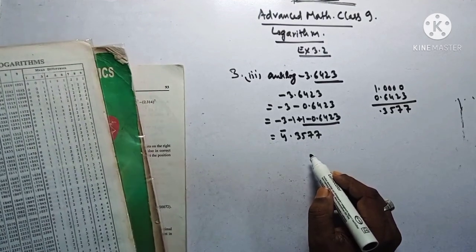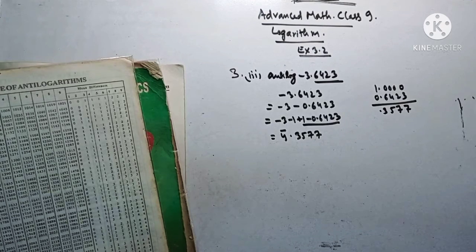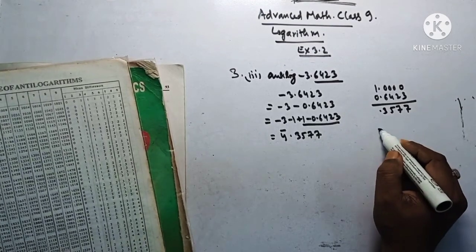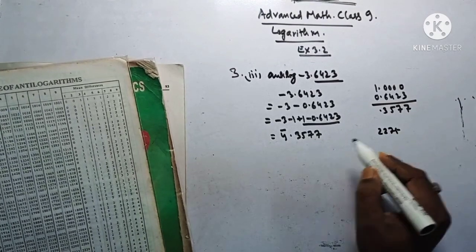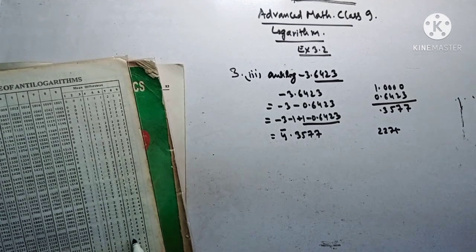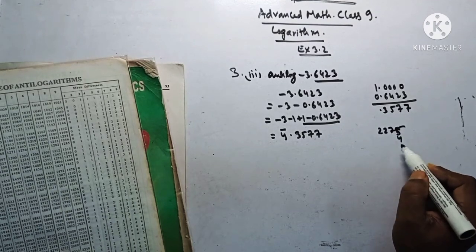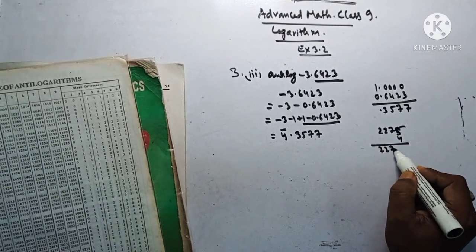So in the table, 0.357, this is your 2275, and again 7, yes, your mean difference is 7, you add 7 to it, so 2279.